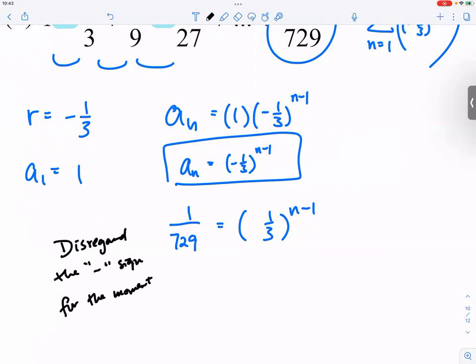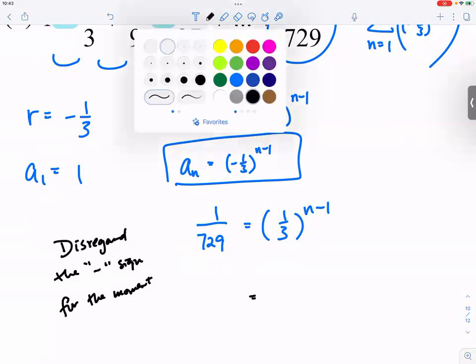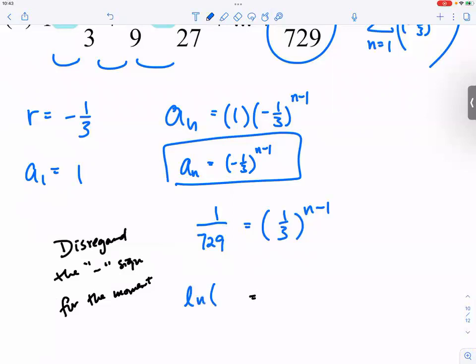So now that's one of the biggest hurdles we moved, because if you want to find out what n is, you will need to do natural log. That's how you can get the exponent. And if you do natural log, you cannot do natural log of -1/3. So now we can say, all right, natural log of 1/729, natural log of 1/3, and then the n-1 goes to the front.